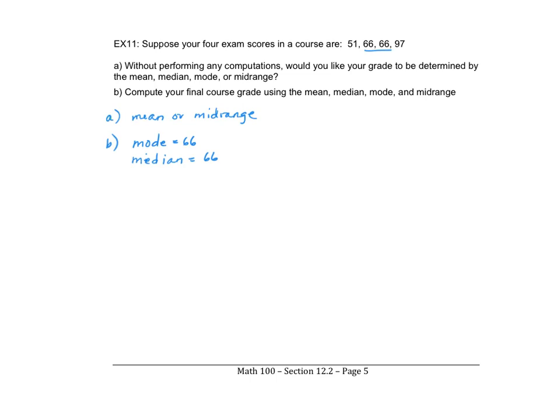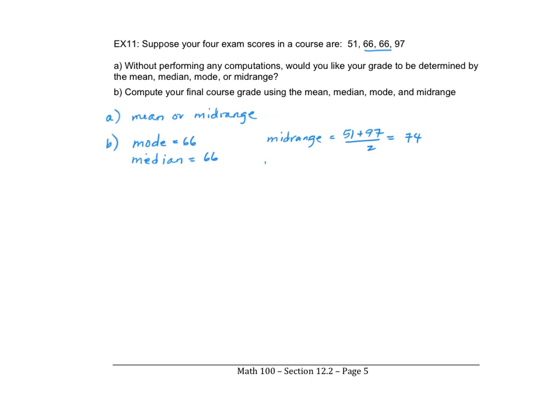Add them up, divide by 2, you get 66. Mid-range is easy to find because all we're doing is adding the smallest plus the largest, divide by 2. That gives me 74. Okay, well that's better than a 66.